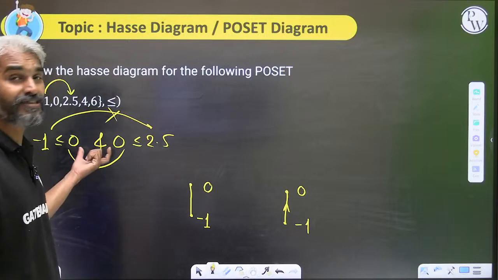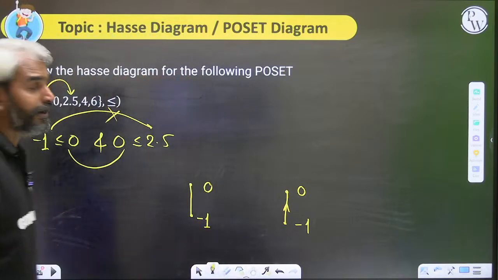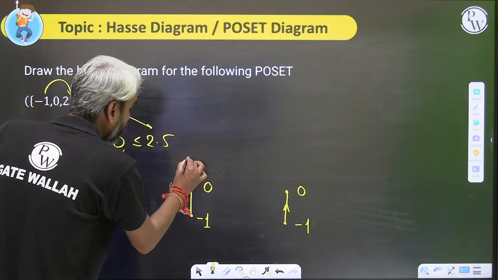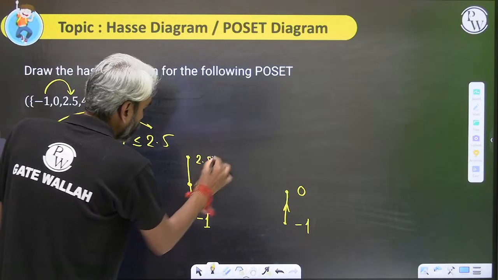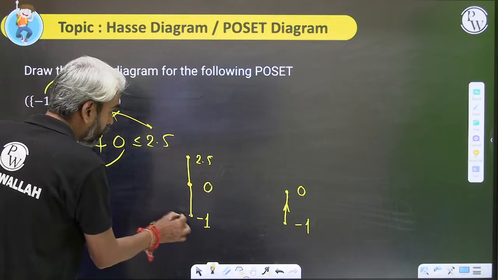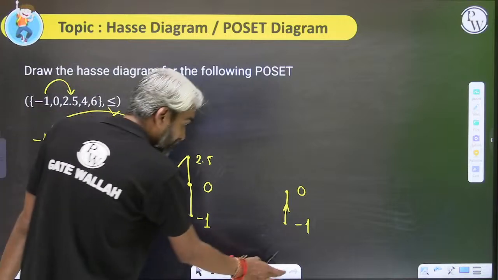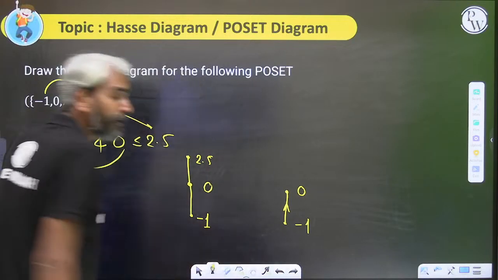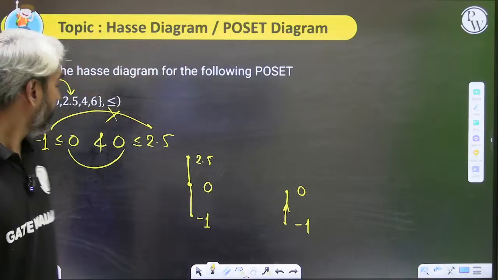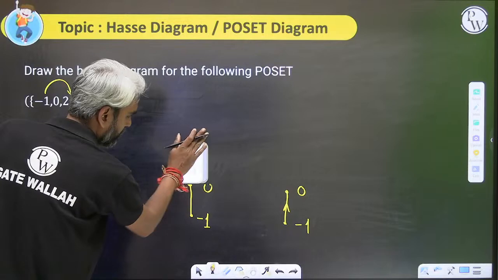If there exists any such element x, then we do not draw an edge between a and b, because we know that -1 relates to 0 and 0 will ultimately relate with 2.5. So we know that -1 and 2.5 are related via 0. We don't need to draw an explicit edge between them. That's the idea. The transitivity is implied in the Hasse diagram. We do not represent it explicitly. Make sense? So -1 and 0 is perfectly fine. I'll explain that in a while.